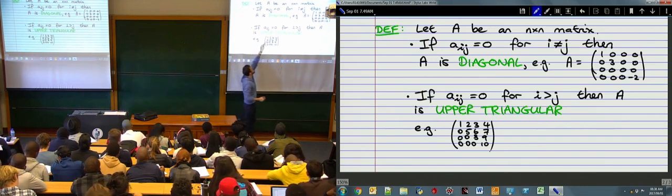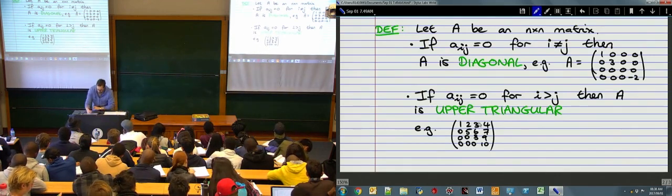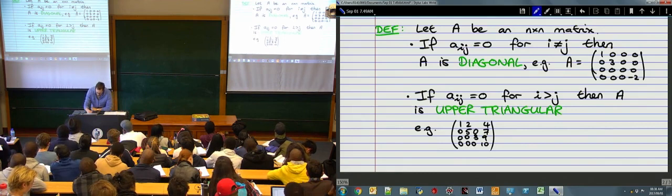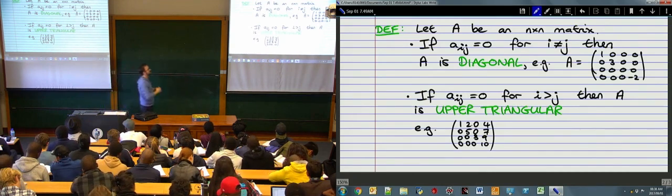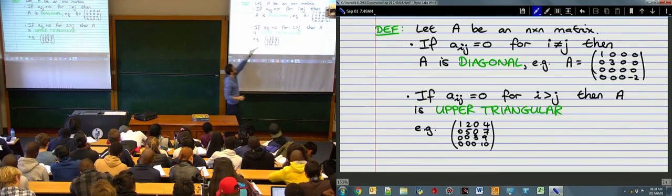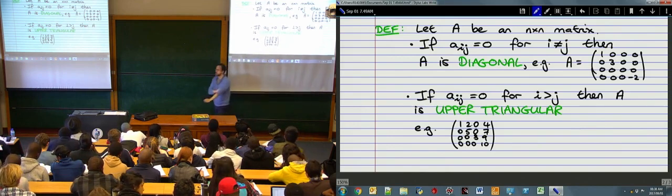It just says that these entries over here must be 0. In fact, maybe we can make this point a little bit clearer. Take these two entries out here. This is still upper triangular. It doesn't matter that there are some entries which are 0 on or above the diagonal. Upper triangular just says all the entries below must be equal to 0.